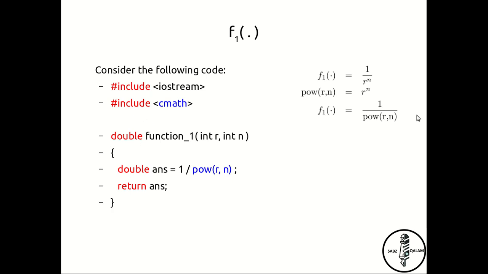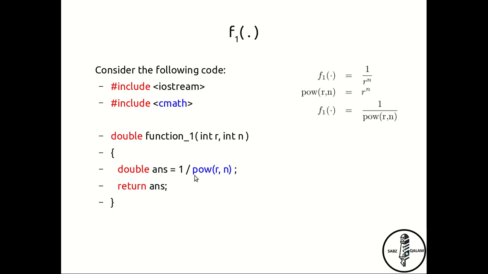The return type is double because it is an inverse, so double function 1, integer r, integer n. And we see it's really simple, because you could have written just return 1 over power(R, n), or in this case we've written double answer has been assigned 1 divided by power(R, n), and then return answer.